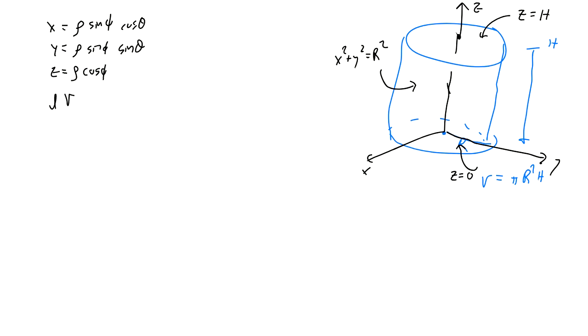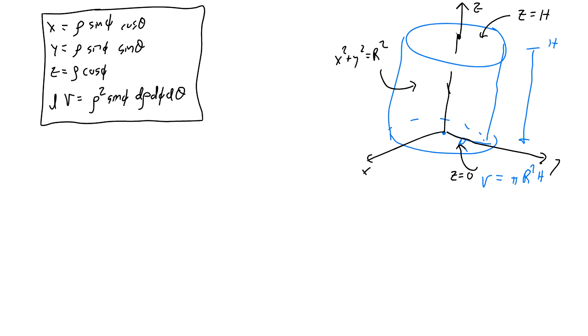And dV is rho squared sine phi d rho d phi d theta. So you guys all know that that's stuff that you should have memorized. In particular, you do not have to use the Jacobian to calculate dV. I'm assuming that you guys have that memorized.